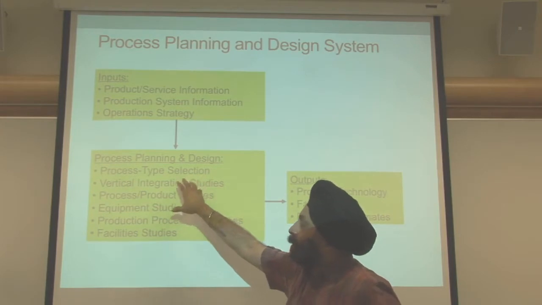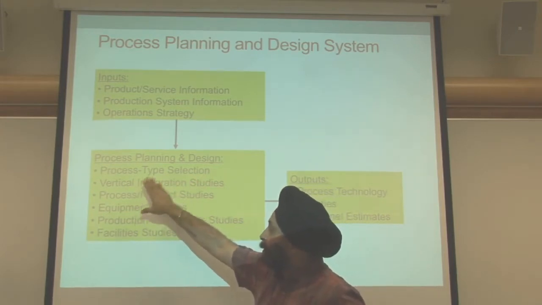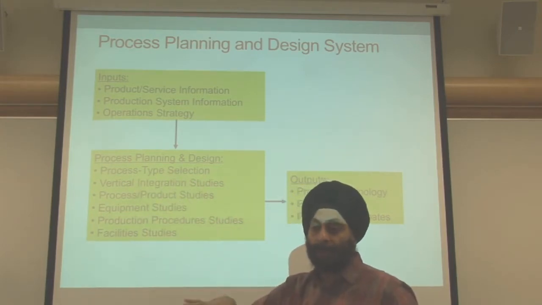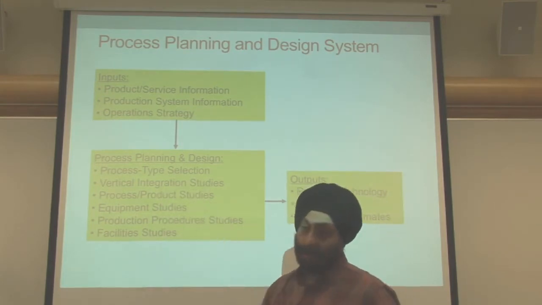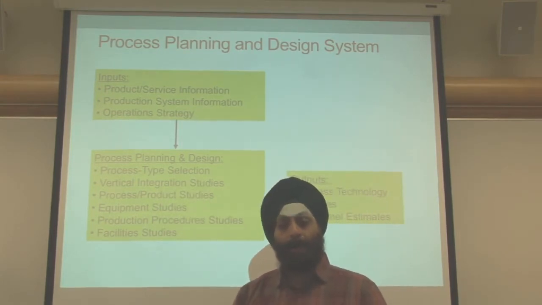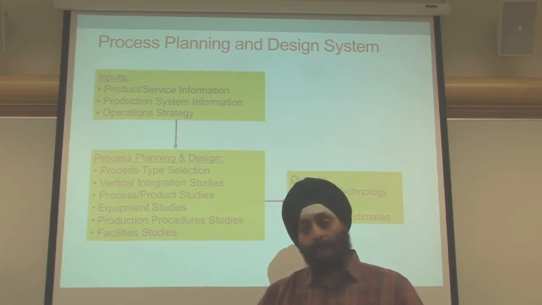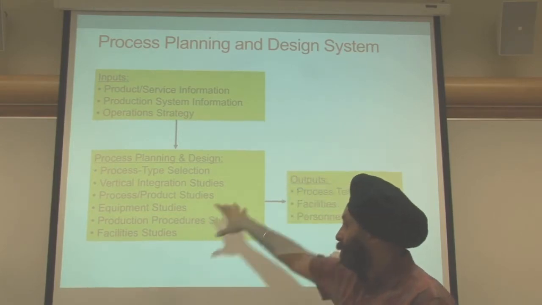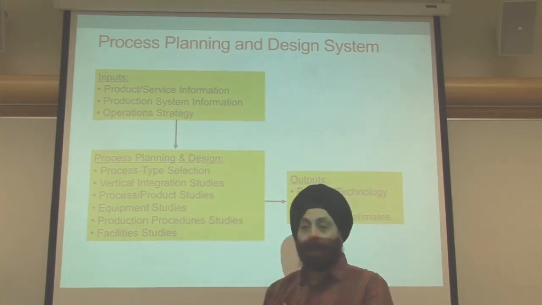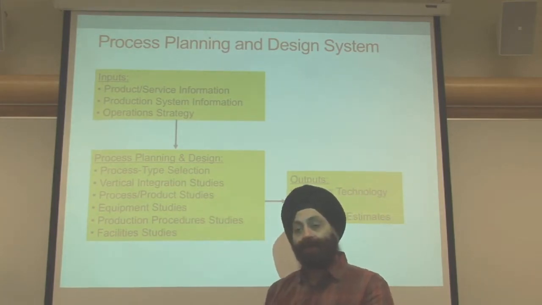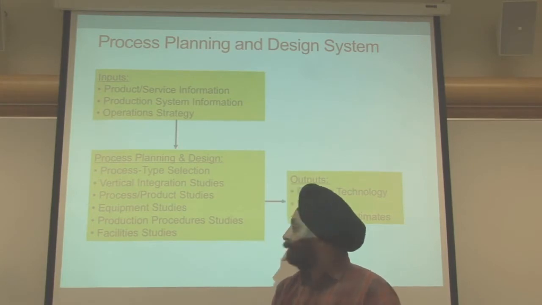And over here, we'll look into the process selection, the type of process selected for a particular product. Vertical integration, should we make product in-house or should we outsource some of that? And we'll address all of these separately. Product process studies, which type of product will be best served by what type of production process.